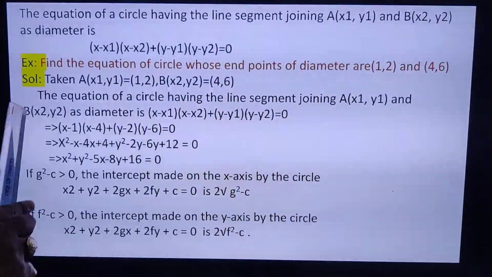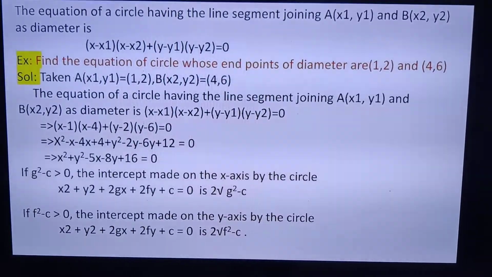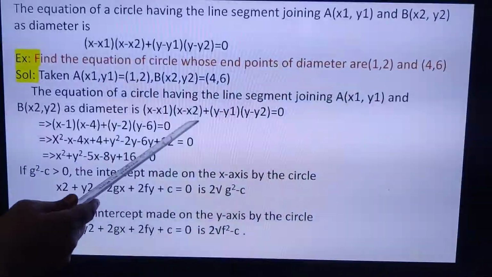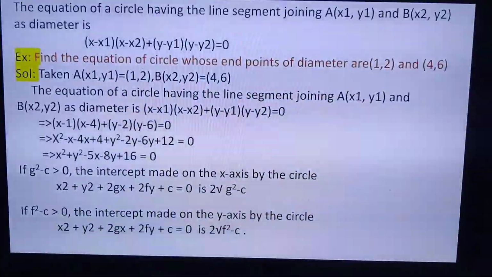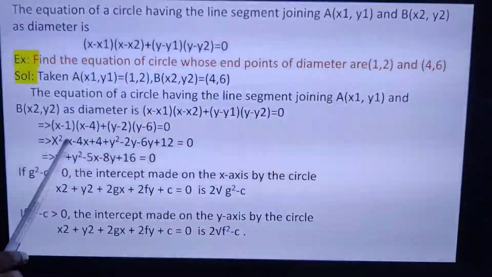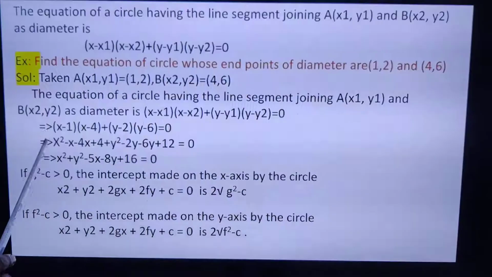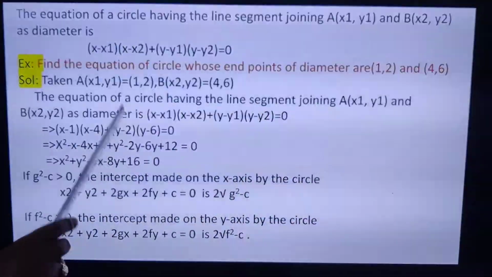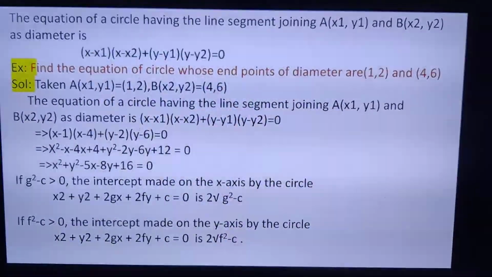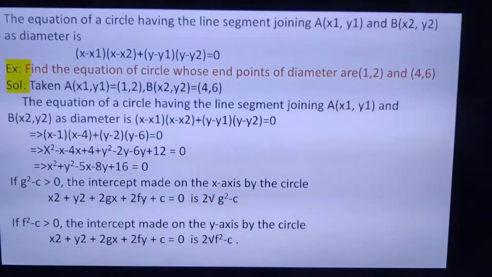Now the equation of the circle having the line segment joining A and B as diameter is (x minus x1)(x minus x2) plus (y minus y1)(y minus y2) is equal to 0. We put these points: instead of x1, 1; instead of x2, 4. Then (x minus 1)(x minus 4) plus (y minus 2)(y minus 6) is equal to 0.